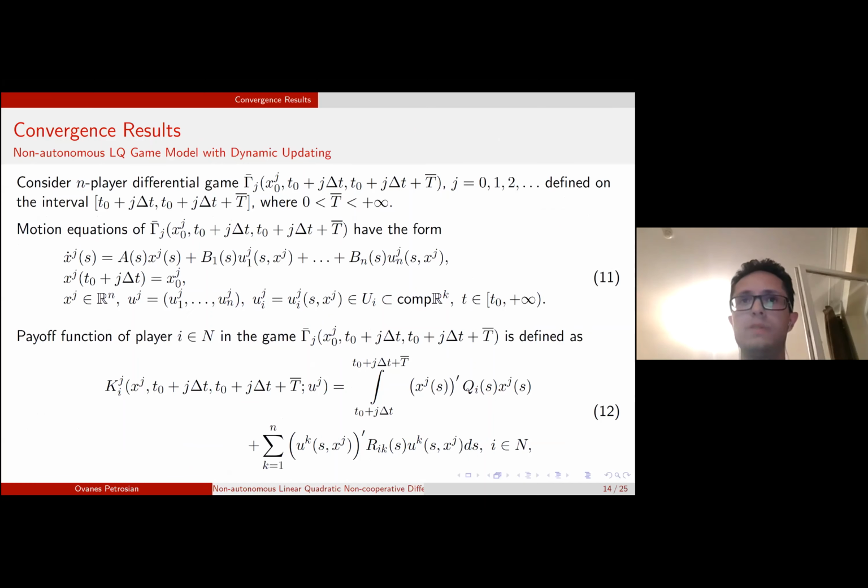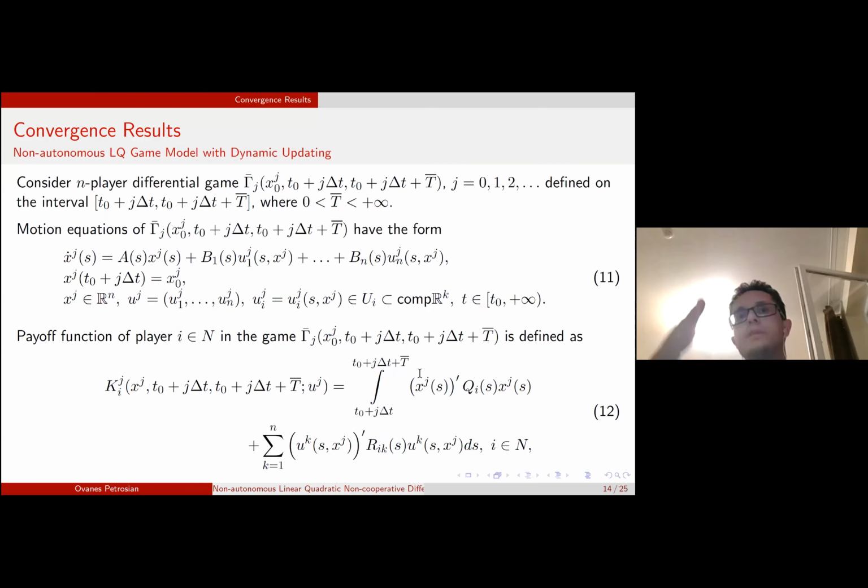It is almost the same as the definition for continuous updating, but the updating goes at the fixed time instances t0 plus j delta t, and players at every current time instant t have information about the motion equations on the interval from t0 plus j delta t to t0 plus j delta t plus t dash.